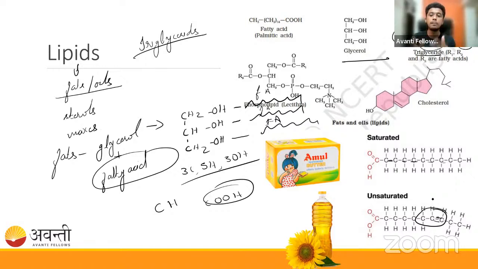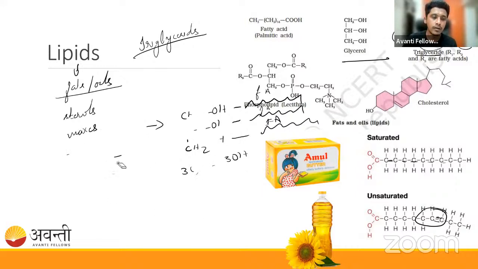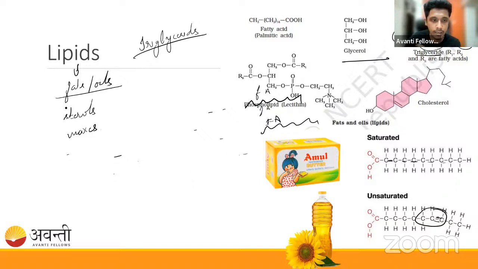Based on the position of your double bonds, you can again divide them into two different types. What are the two types? You have cis fat and you have trans fat. So unsaturated cis fat, I will write it here. You have cis fats and then you have trans fats. What are cis fats?